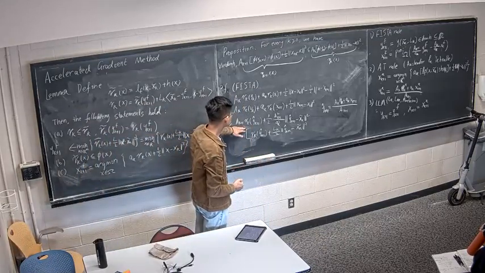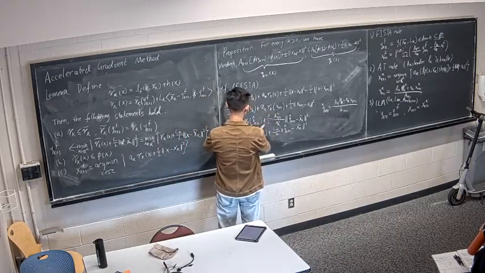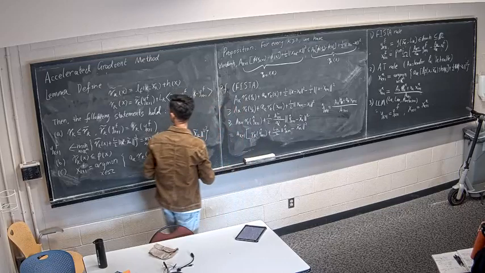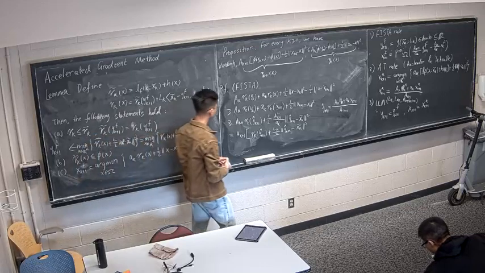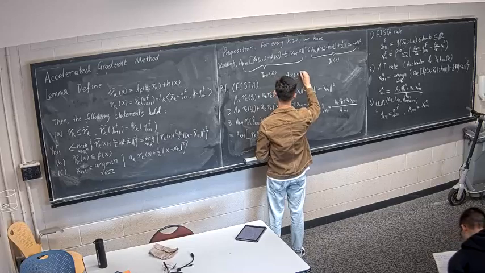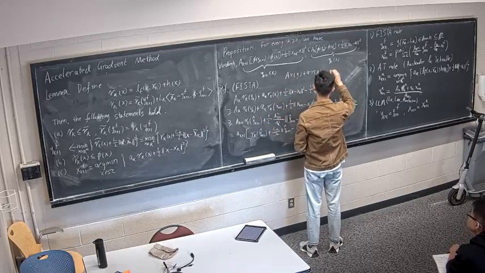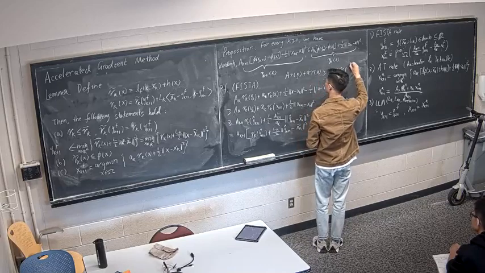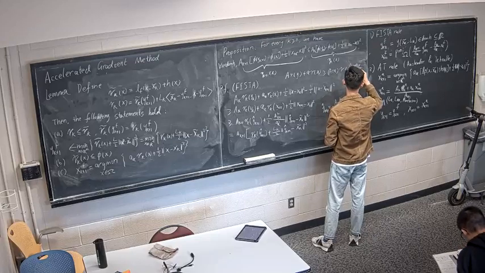And after that, here we combine the two functions together into this one. This is by convexity. The function gamma_k is convex. It's just an affine function, so it's convex. By convexity, a gamma of y plus little a gamma of x would be greater than or equal to, right.